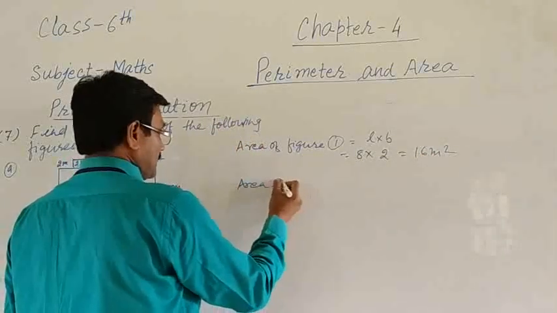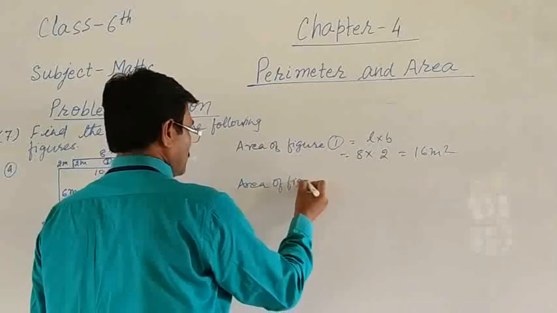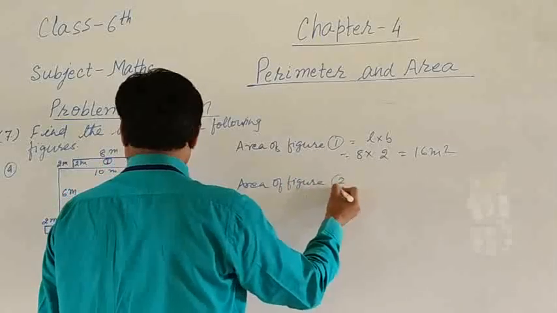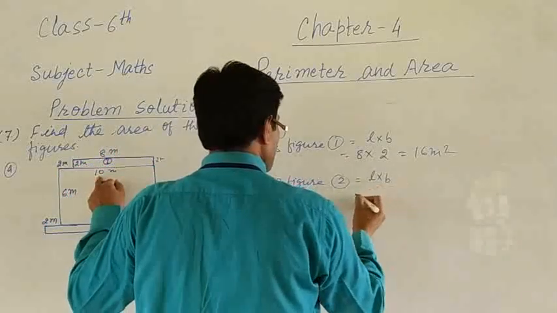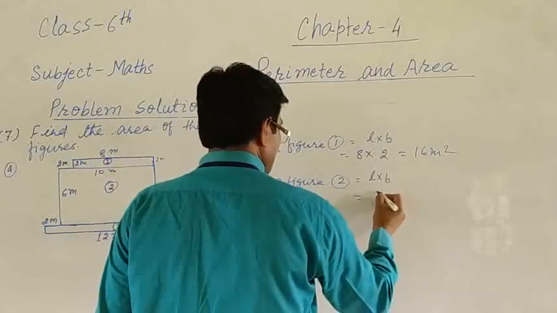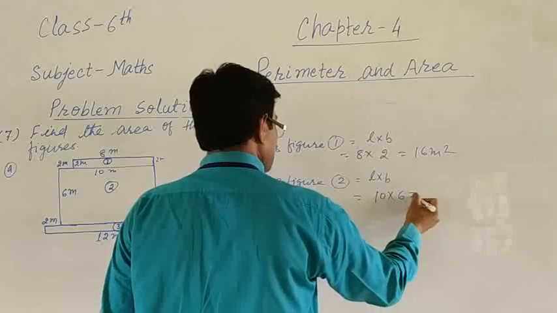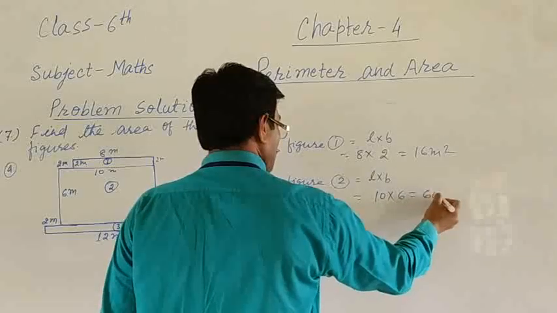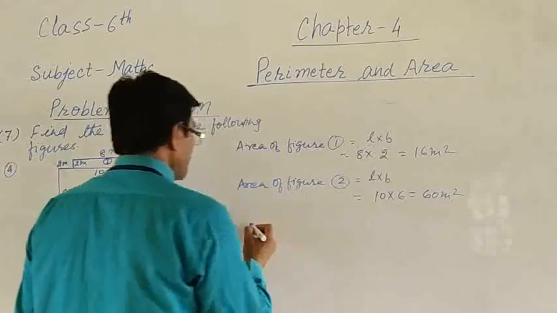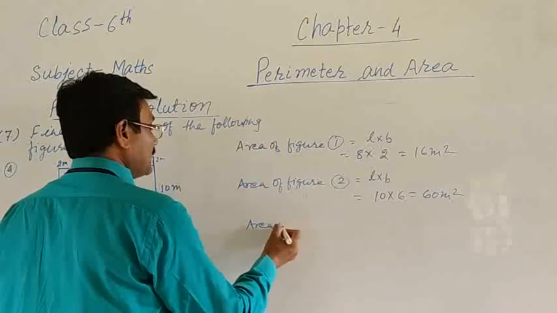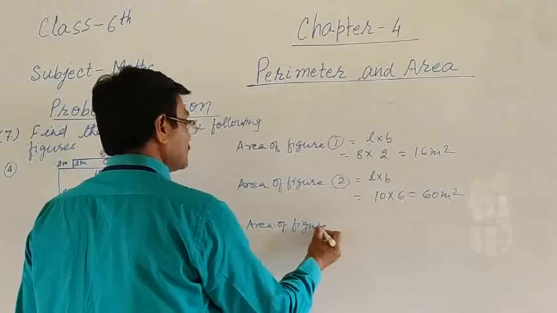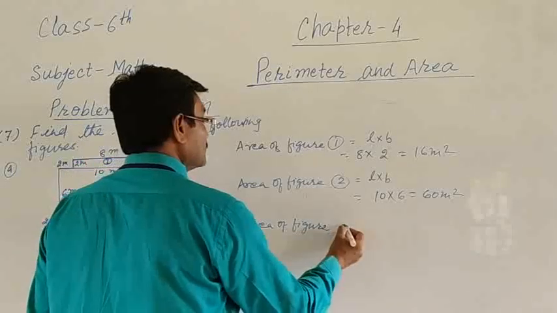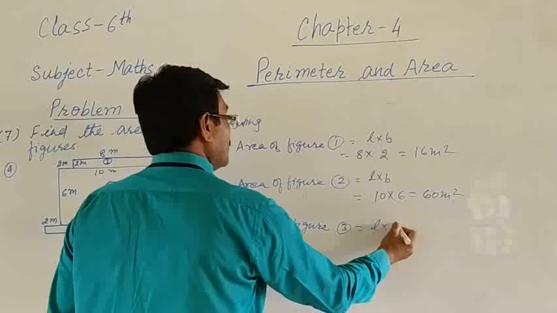Again, area of figure 2, length into breadth. So length is given 10 meter and breadth is 6 meter. It will be 60 meter square. And area of figure 3rd, again length into breadth.